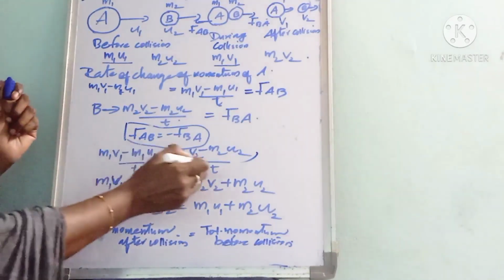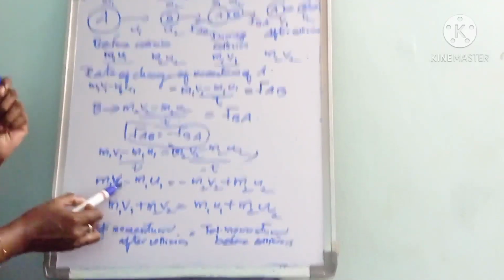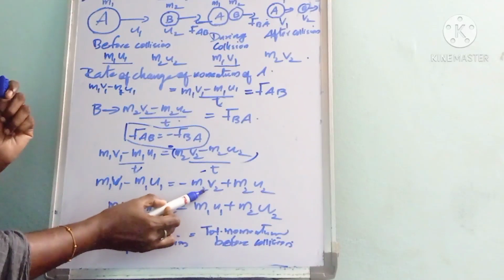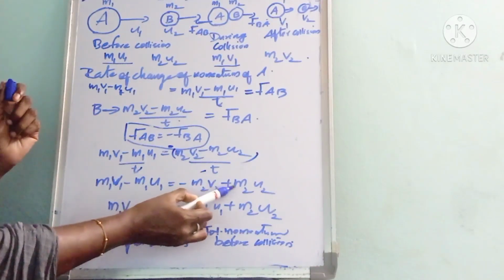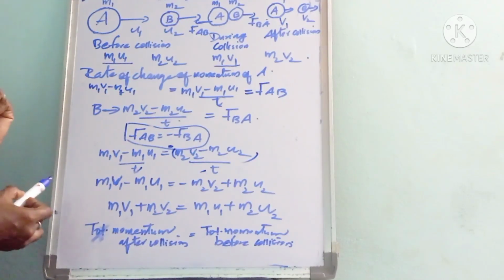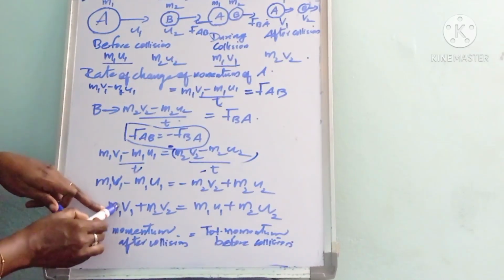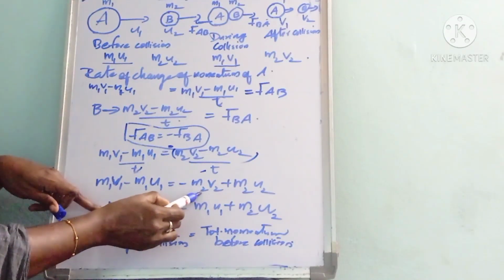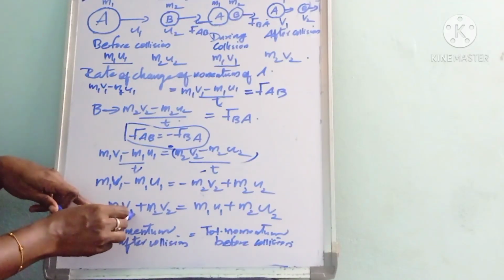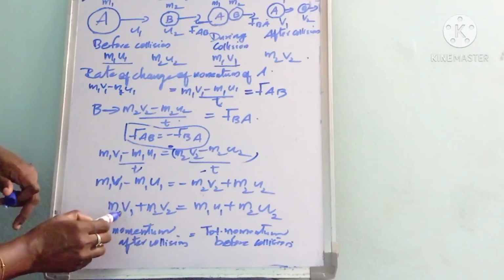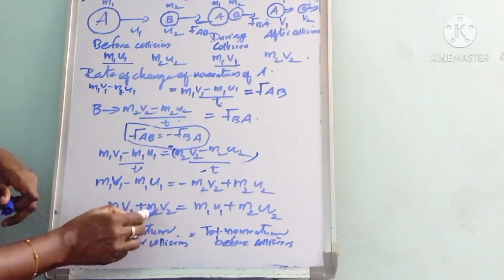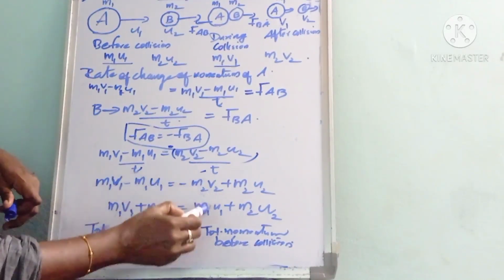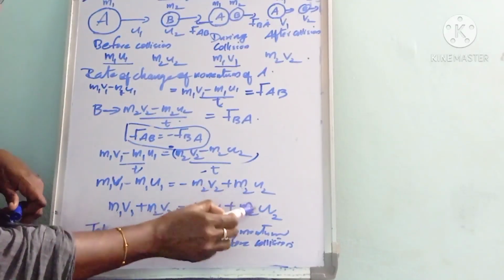And this t cancels and the remaining is m1v1 minus m1u1 is equal to minus, taking the minus inside, minus m2v2 plus m2u2. Then the m2v2 term comes to the LHS and becomes plus m2v2. So here it is m1v1 plus m2v2, that is equal to, the minus m1u1 goes to the RHS and becomes m1u1 plus m2u2.